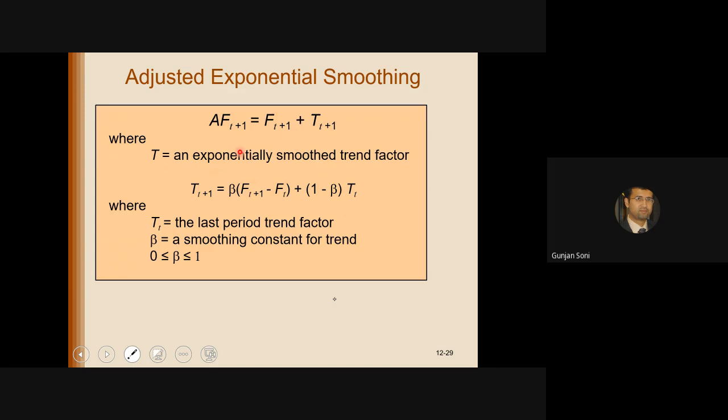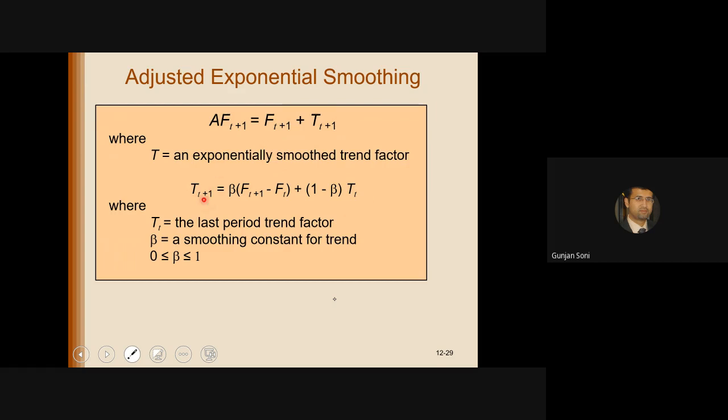So it's a bit more complicated than the previous one, but you can try to understand it in a different way: you already have a forecast using simple exponential smoothing, and now you want to incorporate a trend factor in it. So this is the trend factor, and T we call an exponentially smoothed trend factor.